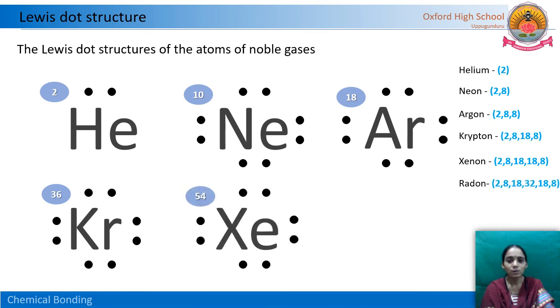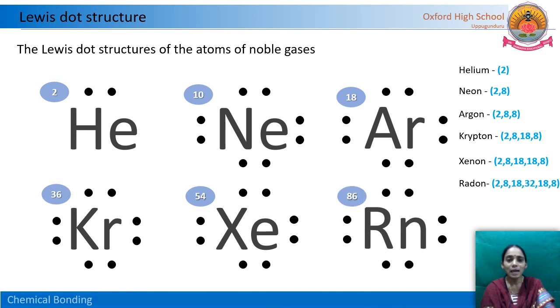Next, radon also 8. Even though their atomic numbers are 2 for helium, 10 for neon, 18 for argon, 36 for krypton, 54 for xenon and 86 for radon, the outer shell electronic configuration is 8. That means the outer shell of these atoms is filled with 8 electrons. So these atoms follow the octet rule.